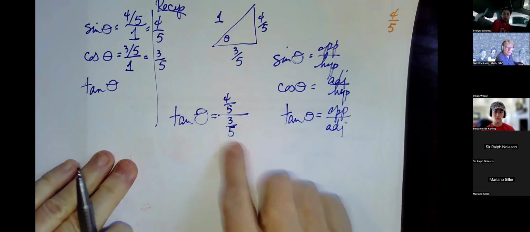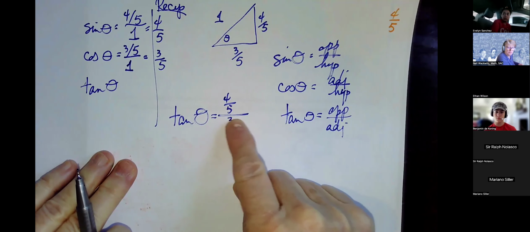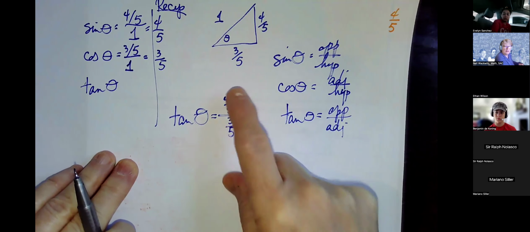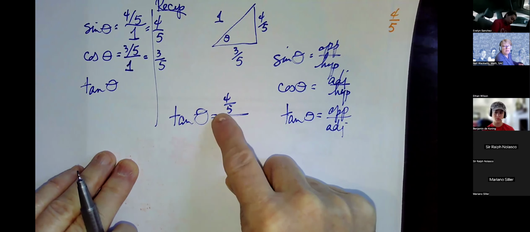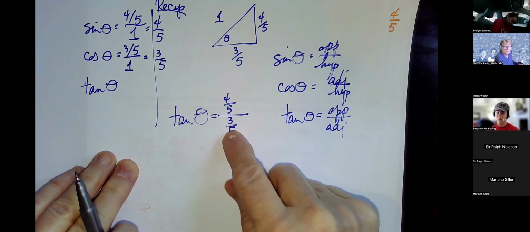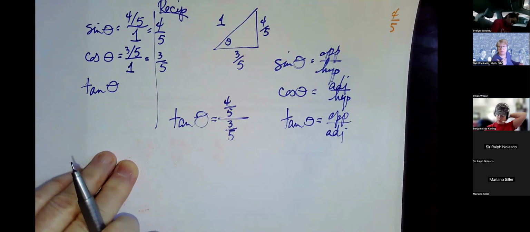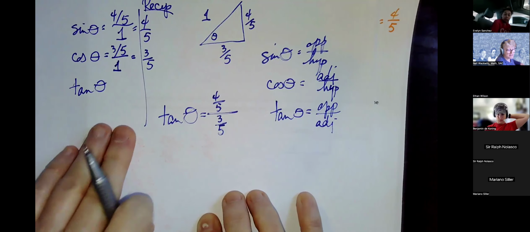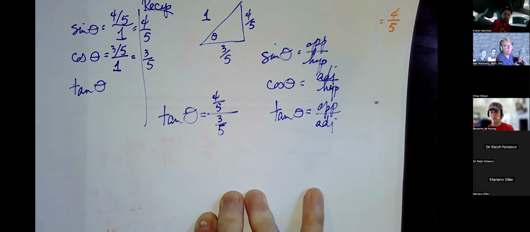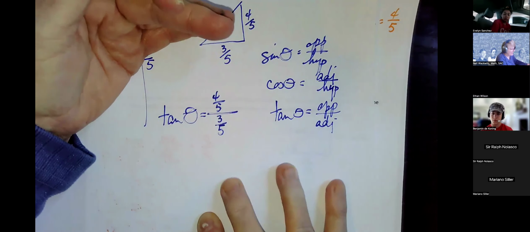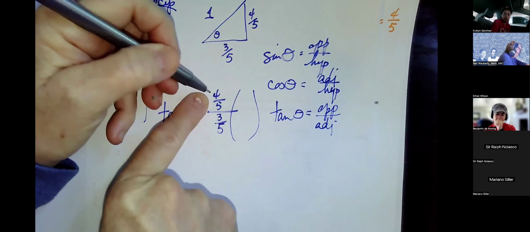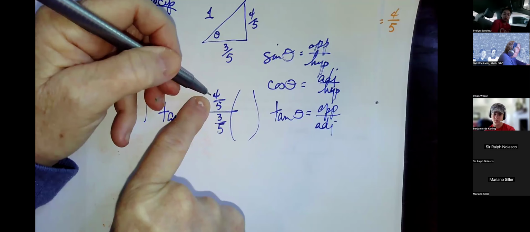We could take this middle bar and change it from a bar to a division symbol, and then change the first fraction to a multiplication symbol, flip the second, but there's a much, much better technique. That technique isn't necessary here, but we're going to use it later. So we look at both of the inside fractions.